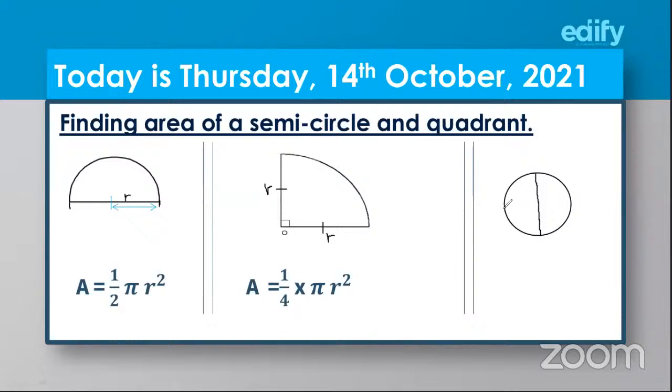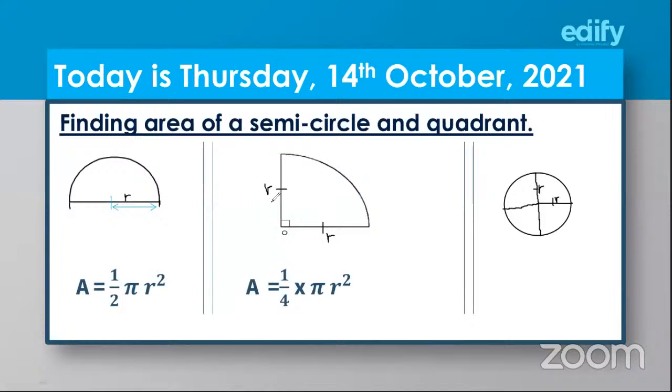And then when I divide it into 4, I get the quadrant. So the length from here to here is the same as the length from the center to this side, which we call the radius.